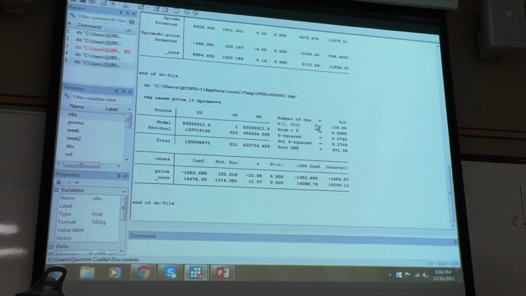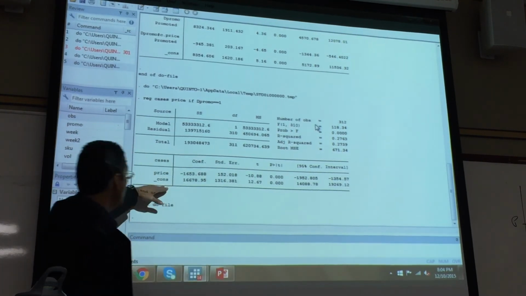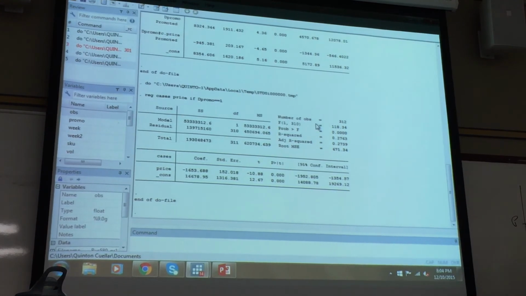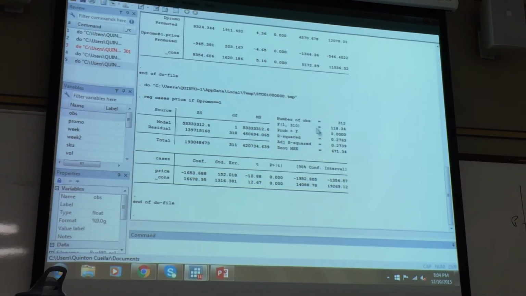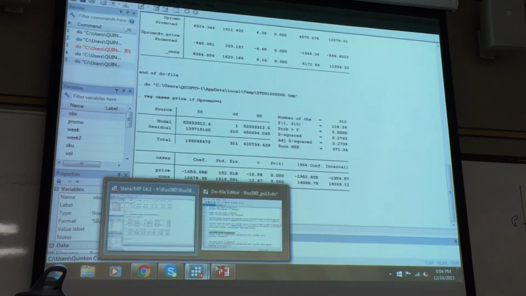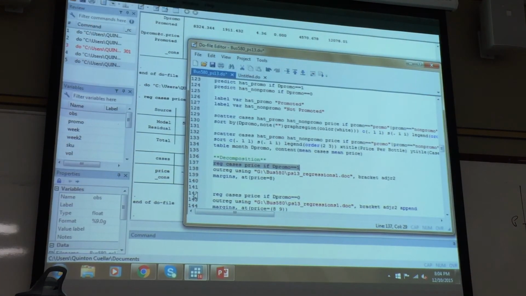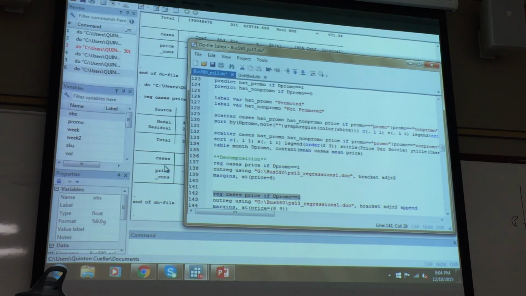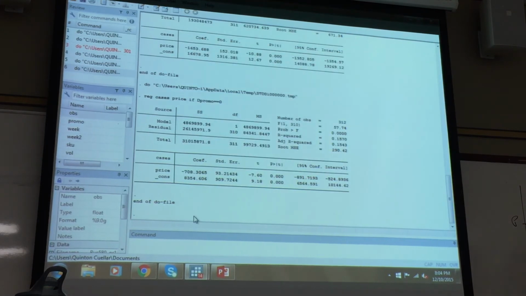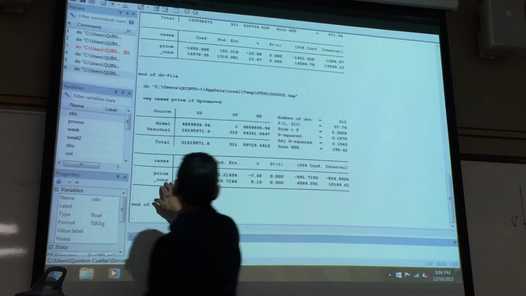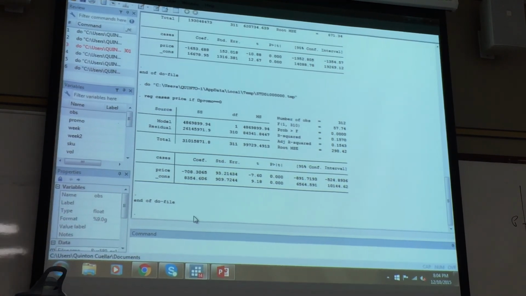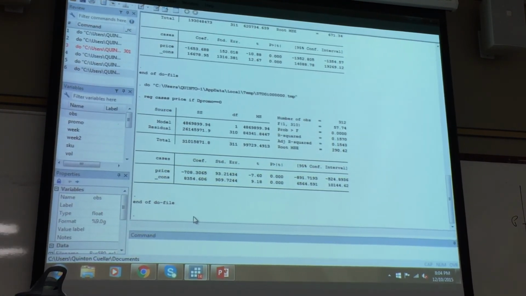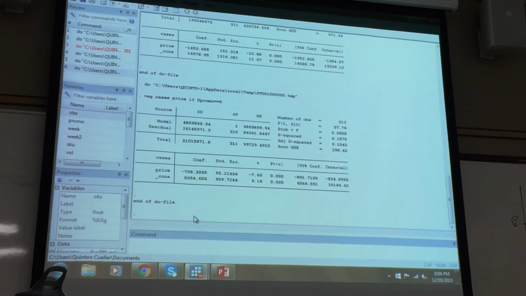So what do I have? I've got beta 0p, beta 1p. Then I estimated a demand curve for non-promoted, switch that to a 0. I've got beta 0n for non-promoted, and beta 1n, the slope of the non-promoted demand curve.